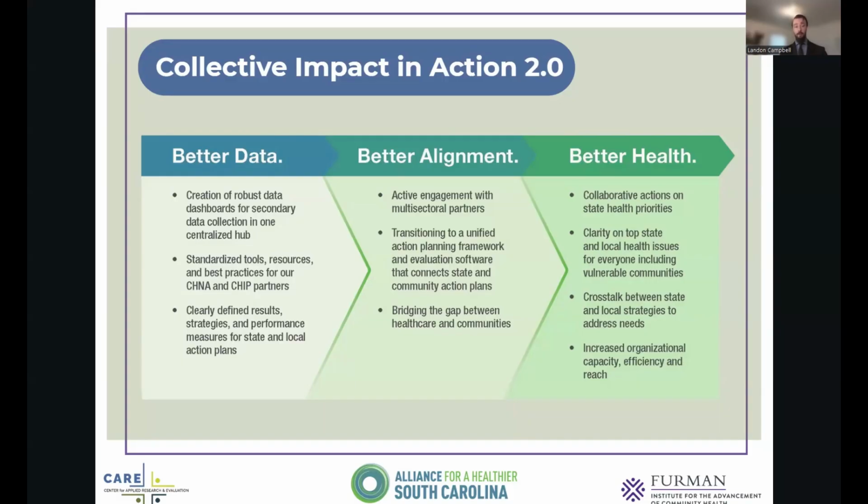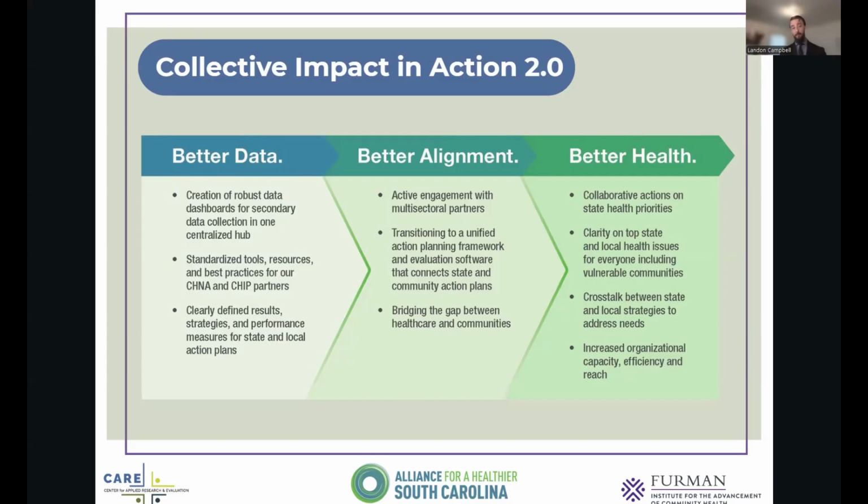So we have free online modules and in-person workshops to help teach you this framework and have partnered with the South Carolina Office of Rural Health and AHEC to ensure that all of these trainings are effective. The next in-person training is going to be on November 12th, and it will be hosted here in the Upstate. If you would like more information about that training, please contact me after the call, and it'll also be in our follow-up email today. The online modules are asynchronous and can be accessed at any time through the AHEC site. We'll share that link as well.